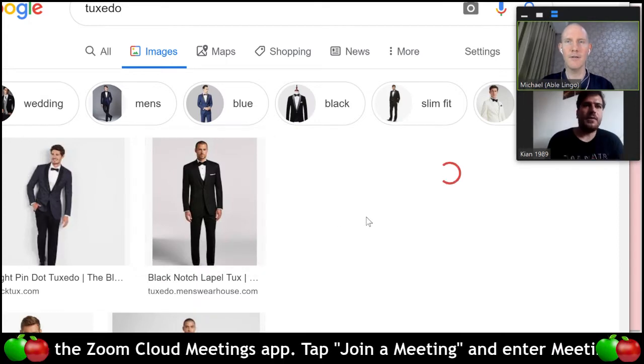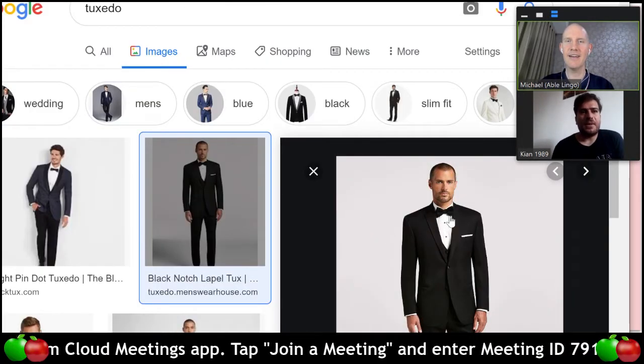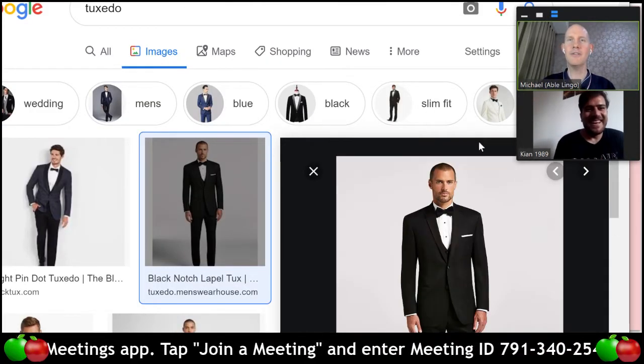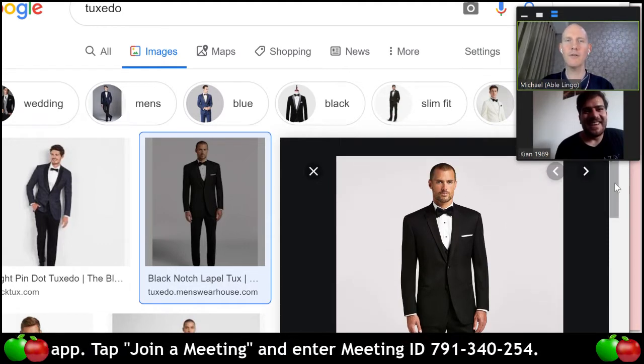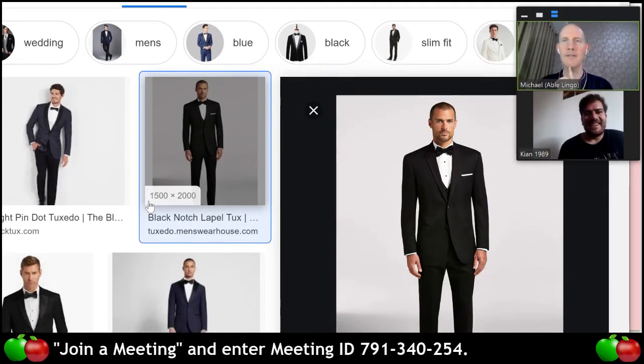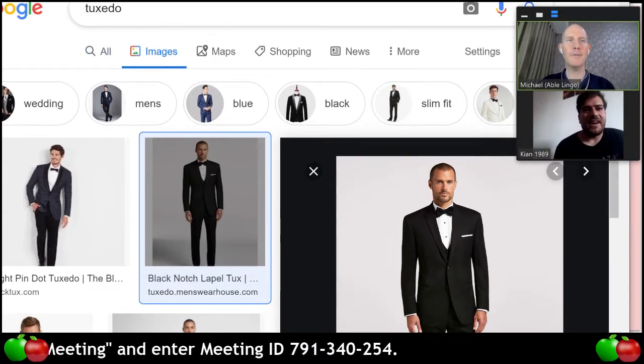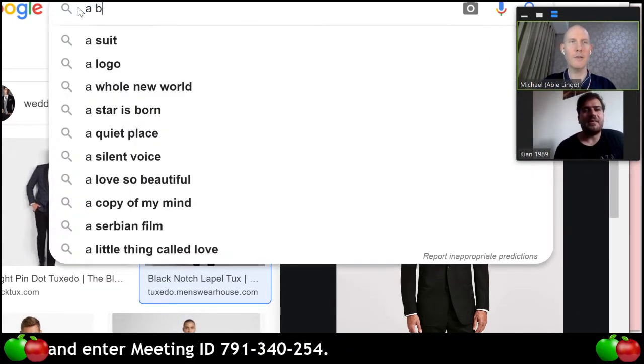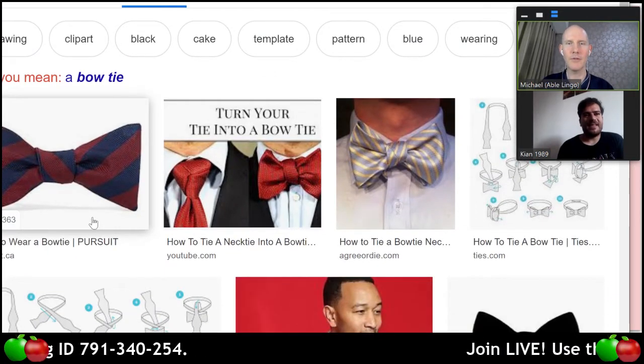In Persian, we call them papillon. It's called a bow tie. There we go. So, bow tie.